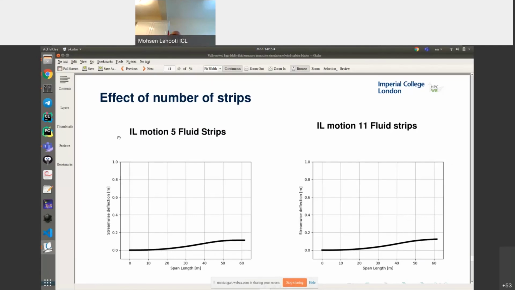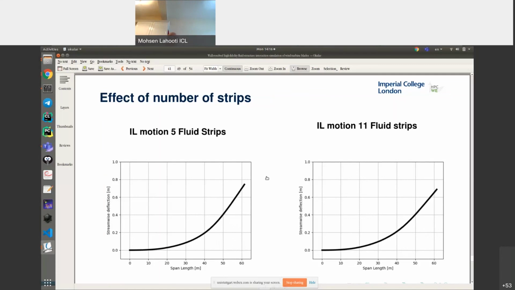On the other hand, for the inline motion, you can see that using the 5 fluid strips, the motion is rather coarser than with the 11 sections, and usually the blade tip hits the zero location, while for the 11 sections it remains deformed during its vibration.